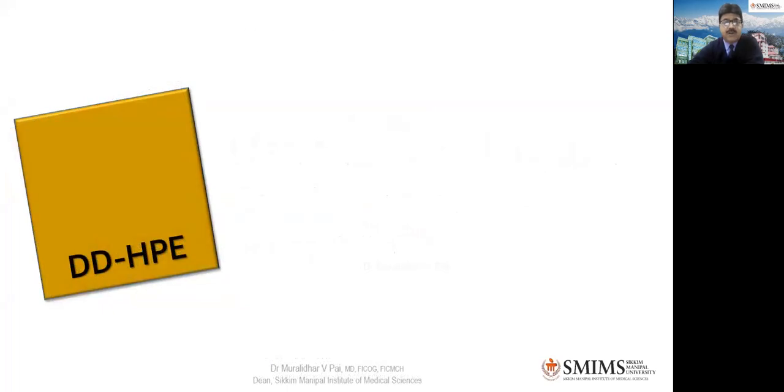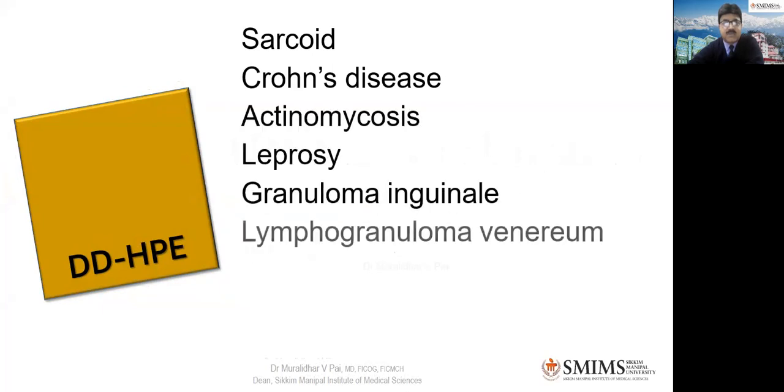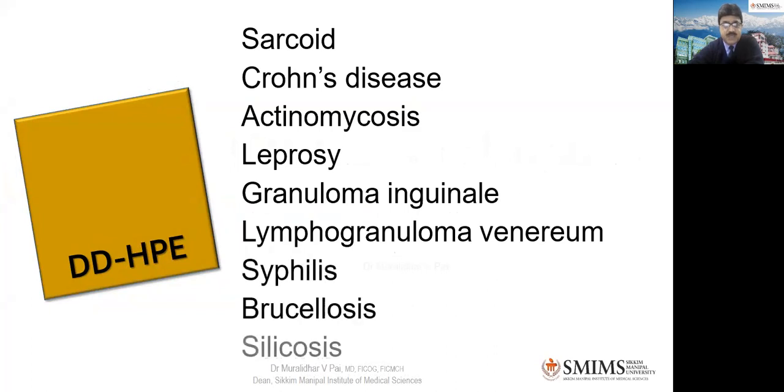Histopathologically, a whole lot of differential diagnoses: sarcoidosis, Crohn's disease, actinomycosis, leprosy, granuloma inguinale, lymphogranuloma venereum, syphilis, brucellosis, silicosis, all the best. Thankfully, we are gynecologists. It is for pathologists to tell us which among them it is, or none of them, it's just tuberculosis.